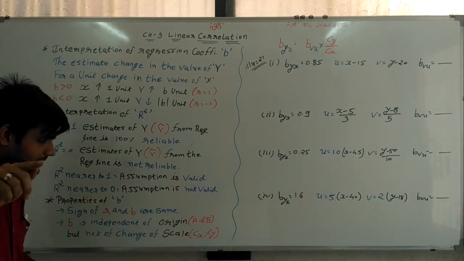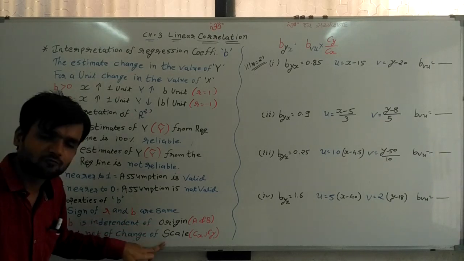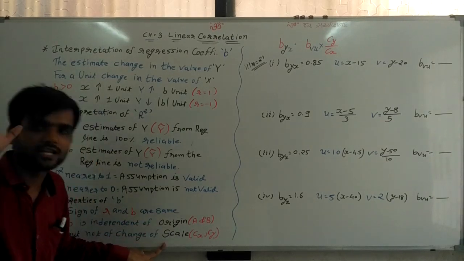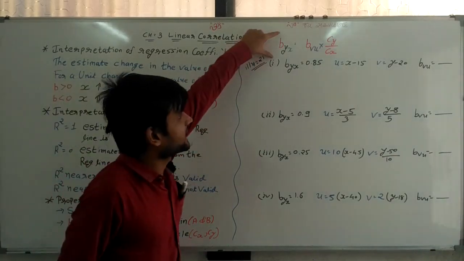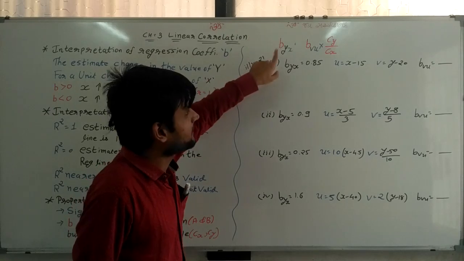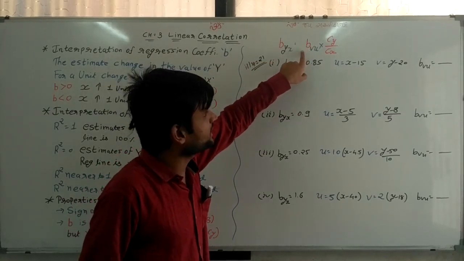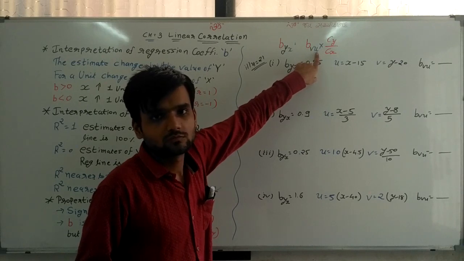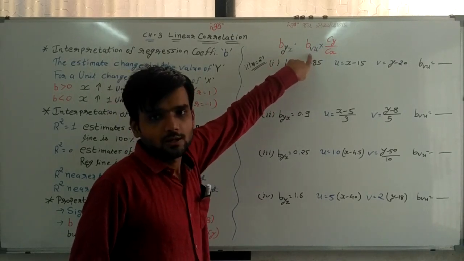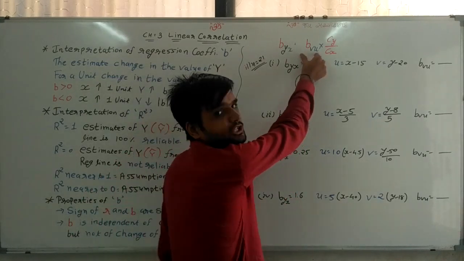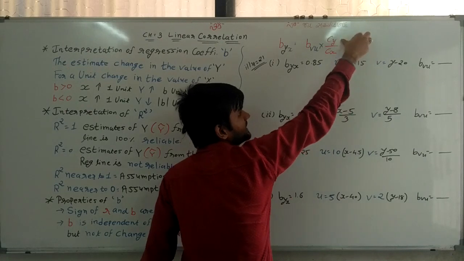That's why it is origin free, but not free from change of scale. So there is one formula: byx is not equal to bvu, but with bvu we are multiplying cy and cx.